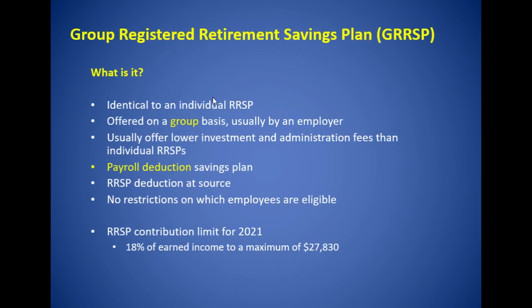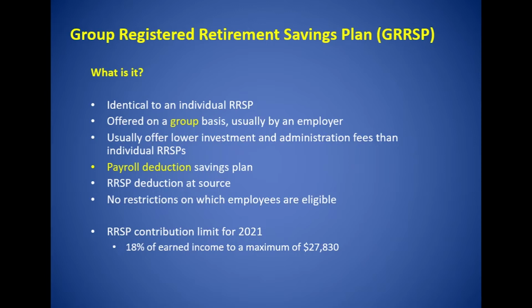So what is it? Well, frankly, a group RRSP program is really identical to an individual RRSP. As you're probably familiar, with a Registered Retirement Savings Plan in Canada, the federal government allows us to contribute a certain amount of money to build our retirement income. There are many more detailed rules that you can follow under the individual RRSP module.